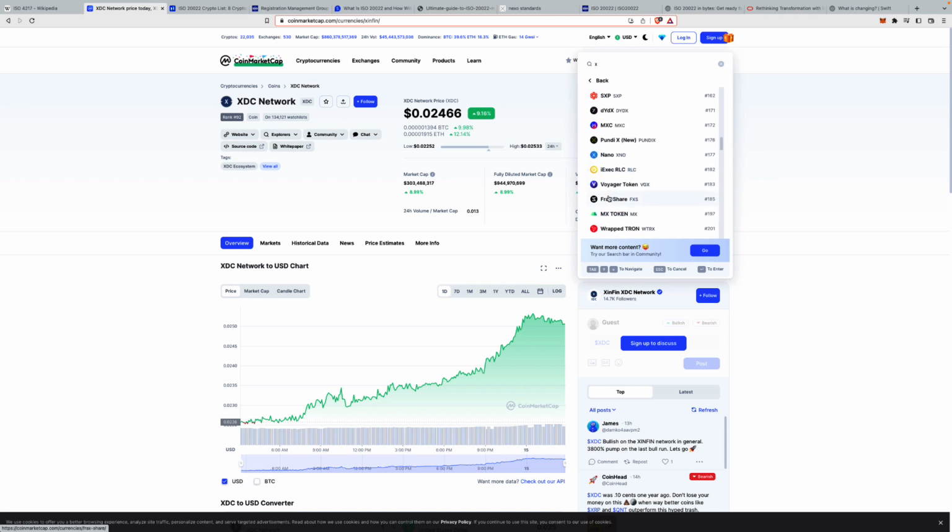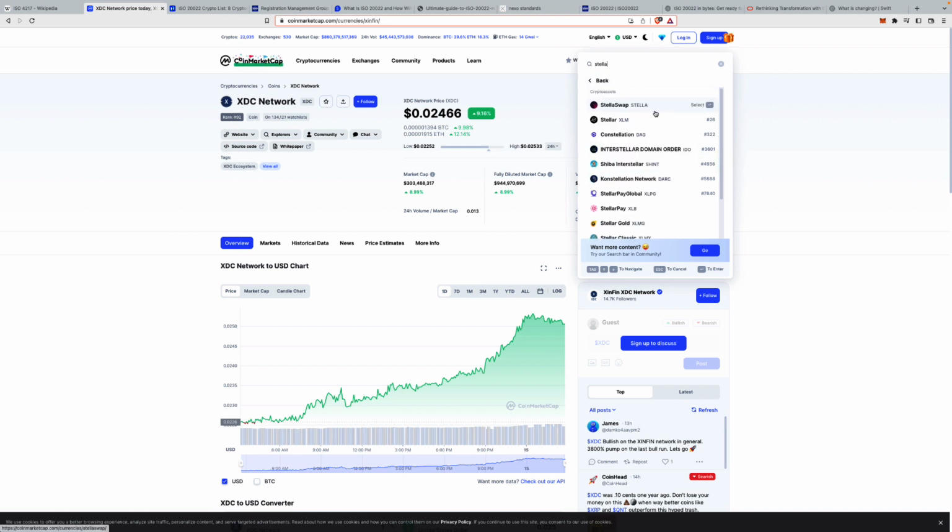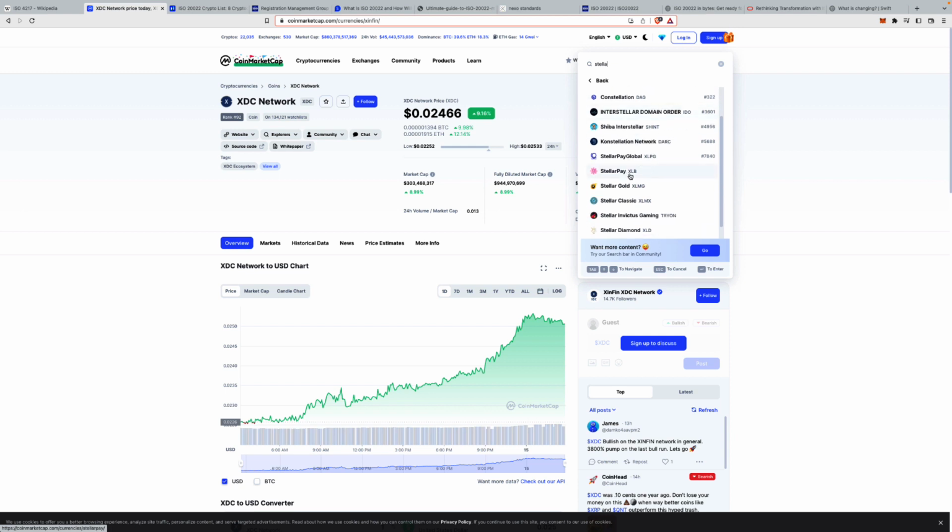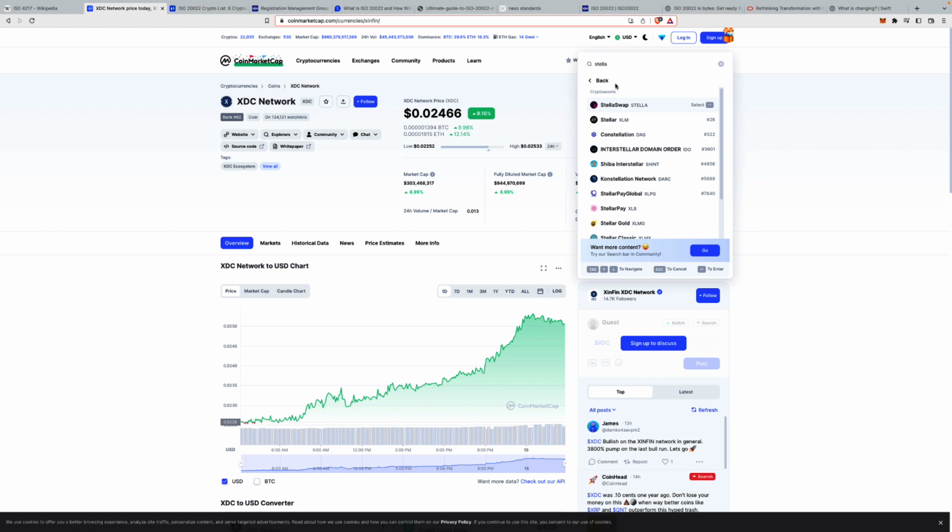XNO Nano, XAUT Tether Gold, XPRT Persistence, XGD, XVS, XVG Verge, XPR Proton. Feel like we're missing some in here, huh? I didn't see Stellar. So Stellar, obviously XLM, Stellar Pay. So you have all these Stellar things that start with X still. Yeah, there's not many, right?